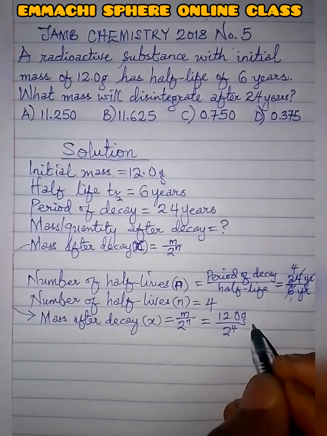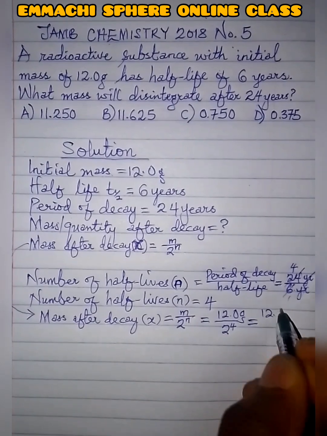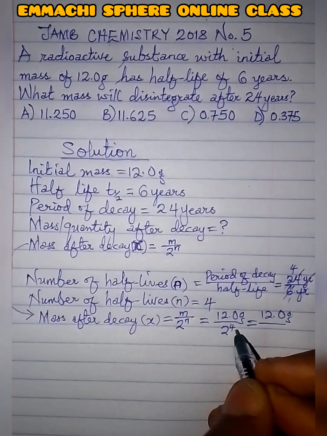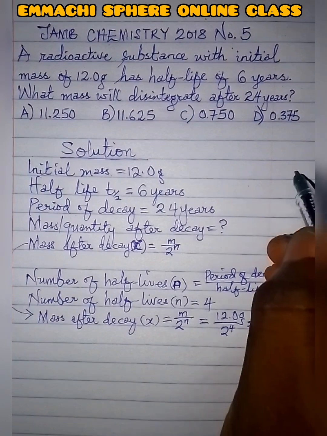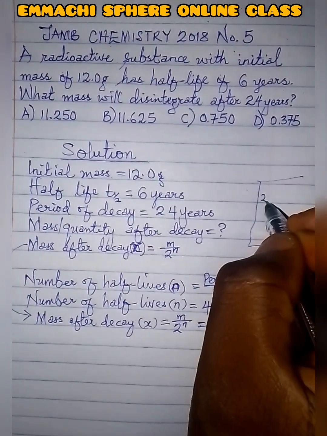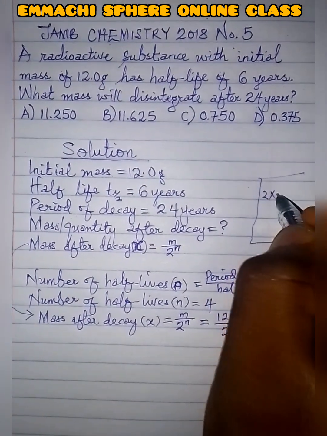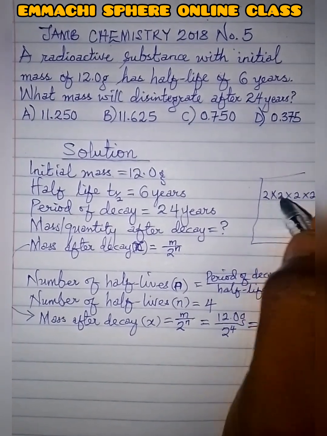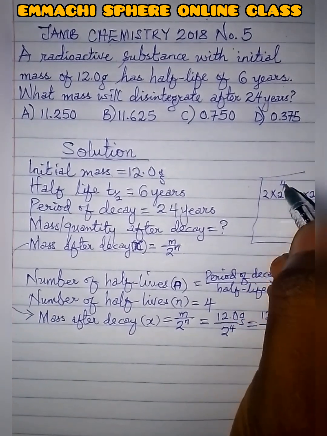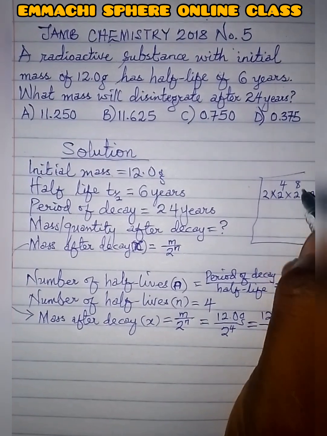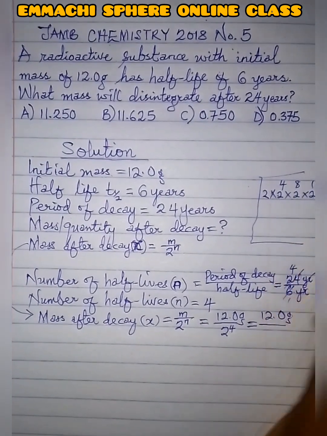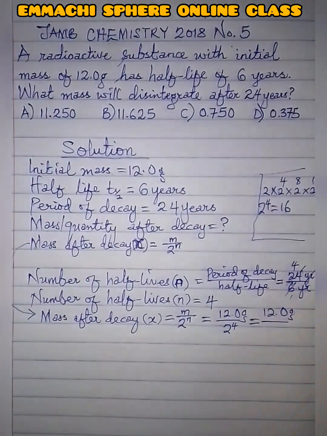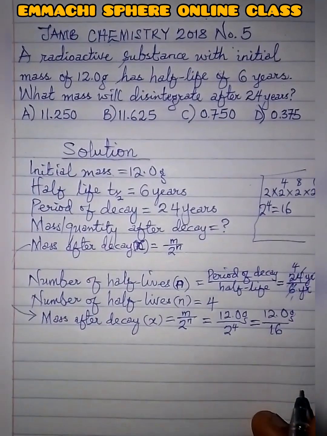So, this is the same as 12.0 gram over 2 to the power of 4, which is the same as 2 times 2 times 2 times 2. So 2 times 2 gives 4, and this 4 times 2 gives 8. This 8 times 2 gives 16. Therefore, 2 to the power of 4 is equal to 16. And so we have 16 here.